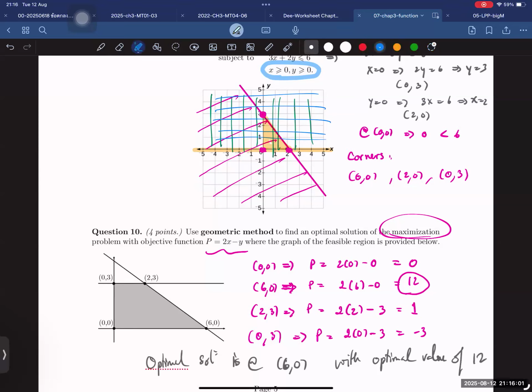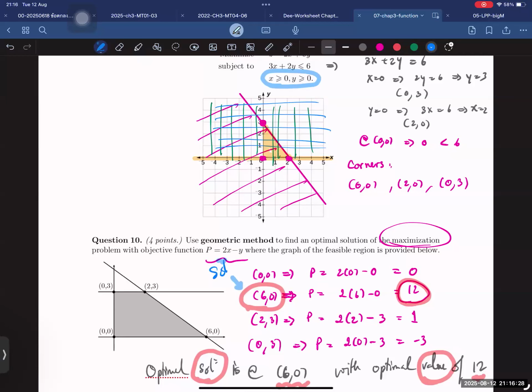Okay, see the wording. We have the optimal solution is the point, and the optimal value is what you get when you evaluate, which is 12. This is the value. Okay, but this is the point. This is the optimal solution, and this is the optimal value.